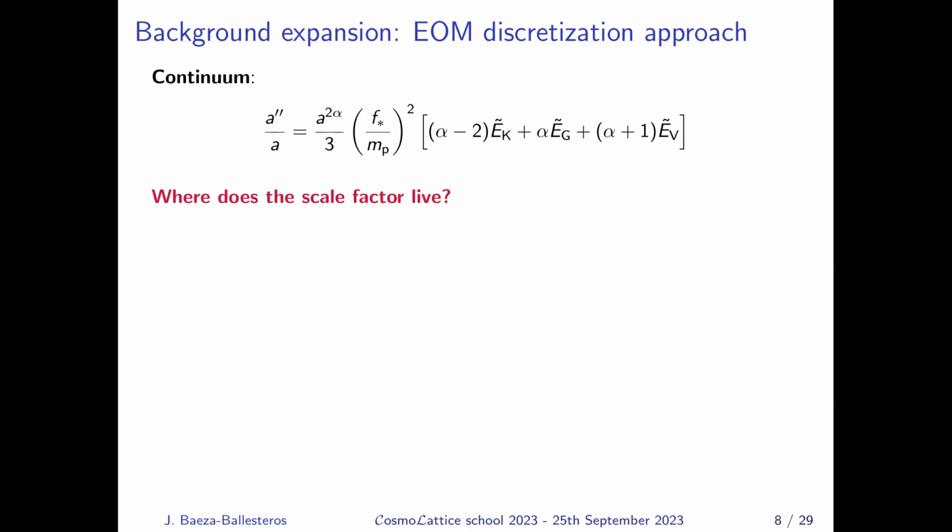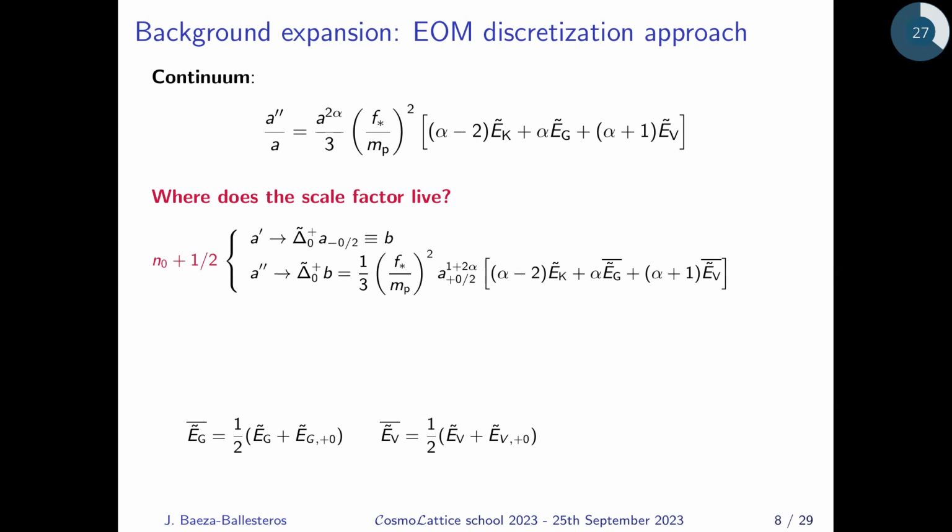And it turns out that this is just another prescription, another choice we can make. Any of the two choices is a valid option. So for example, we can choose the scale factor to be defined at semi-integer times, which would mean that the time derivative of the scale factor will be living at integer times.